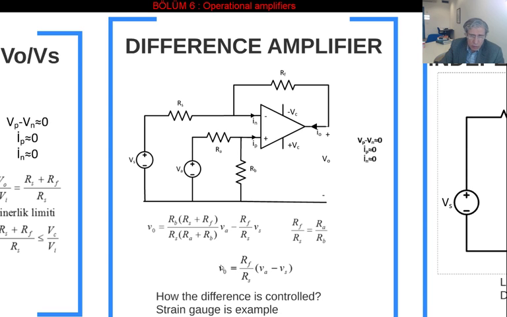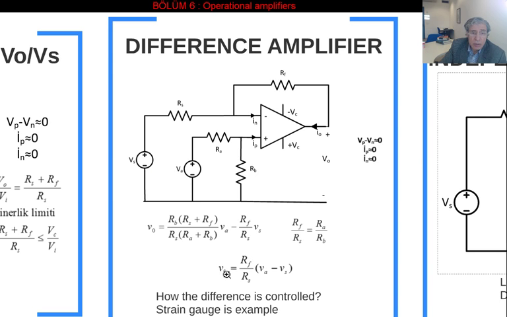If we look at this now, VA minus VS is the difference between the available voltages, isn't it? So that means if RF is equal to RS, my output is the difference between those two. So that is the difference amplifier. If you choose RF equal to RS, then this difference, VA minus VS, is going to be equal to V0.